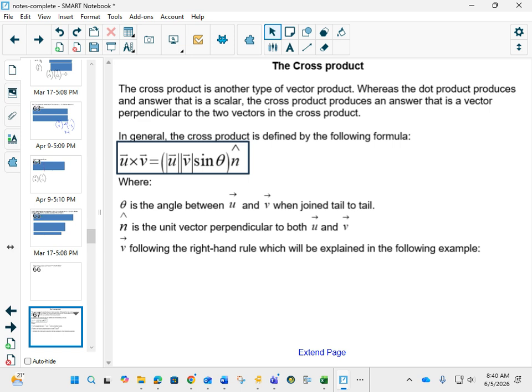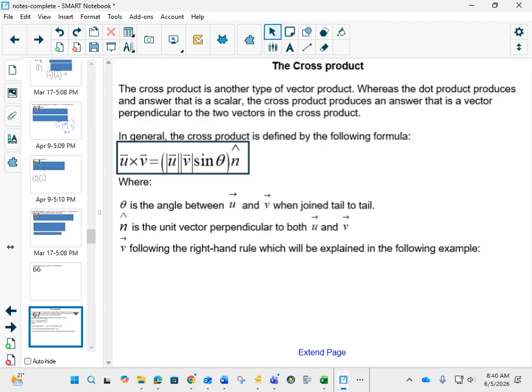And here's the wonderful formula for the cross product. It's going to be the length of u, the length of v, sine of theta, and then this n with the hat, that's the unit vector perpendicular to both u and v. So no matter where you have two vectors, right?